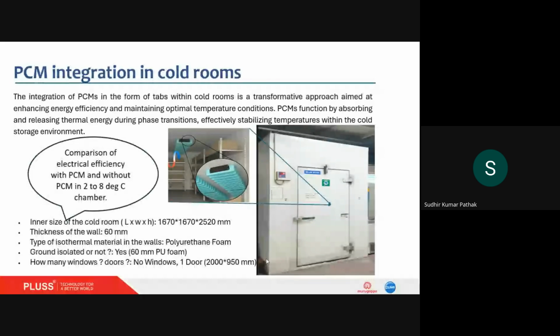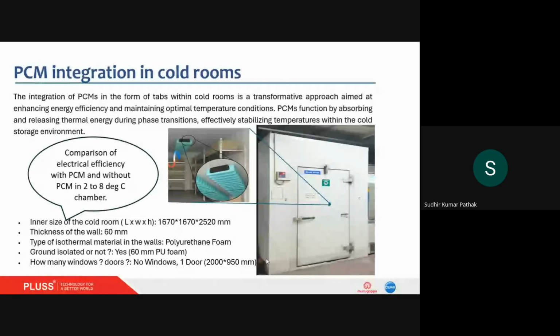So this is just a basic dimension of this cold room, where the PCM is placed at the top of the roof in the form of tapes.